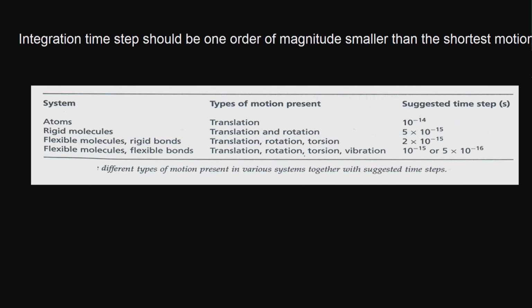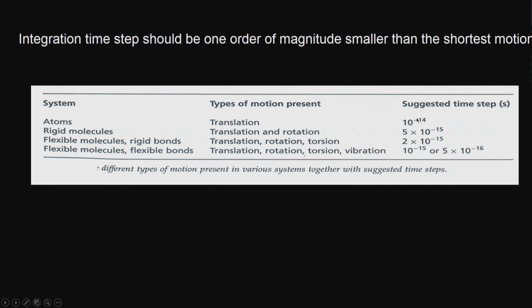So, if you are integrating for 1 second, you need to do 10 power 16 calculations, which is a huge set of calculations. That is why a lot of research is being done to improve the integration, so that we can increase the time step but at the same time keep our errors very, very small.